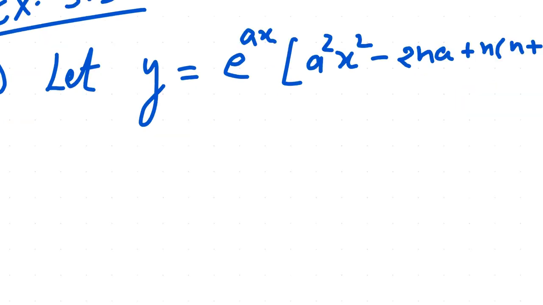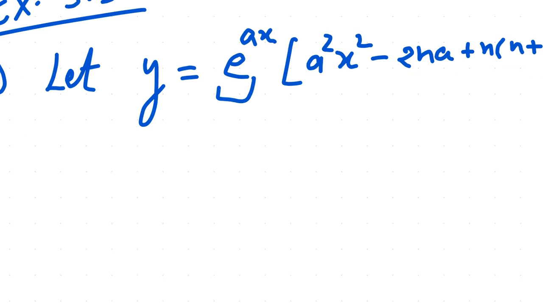So let us take this as u and this as v. Why? Because after the second order, this will become 0, because these two terms are constant.